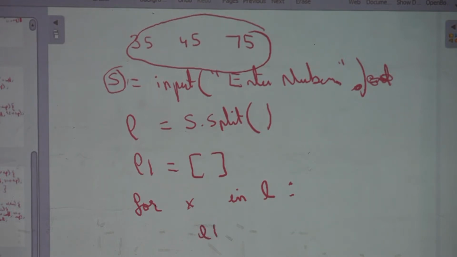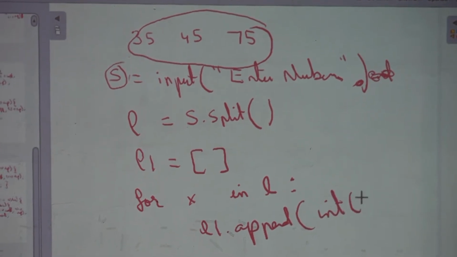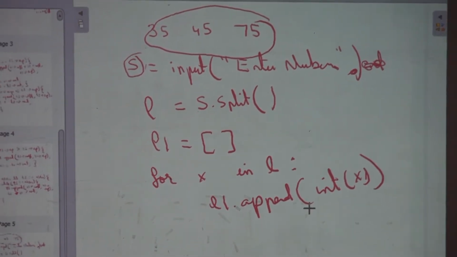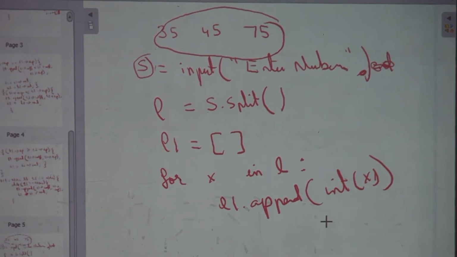What do you do? You say L1 dot append int of x. This is something you can do. And your L1 can be used as a list of integers.